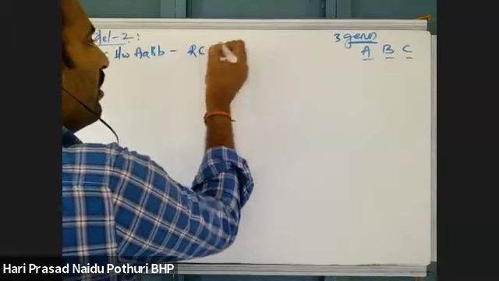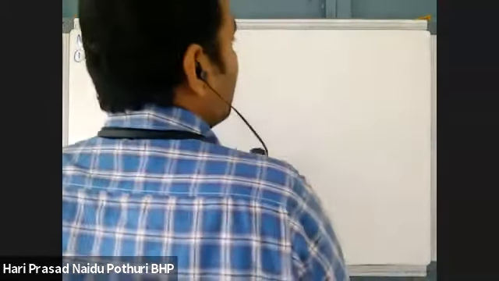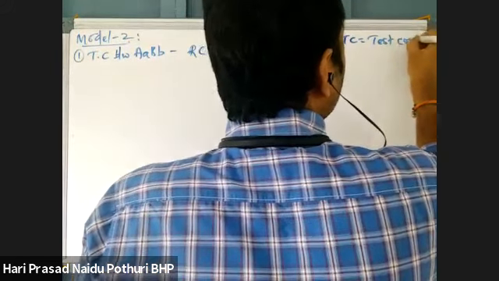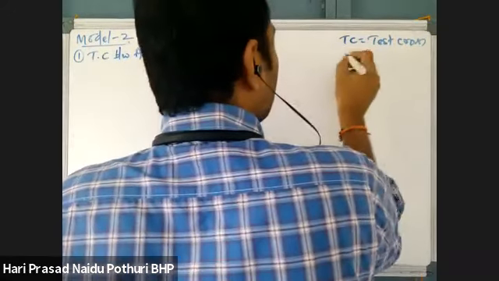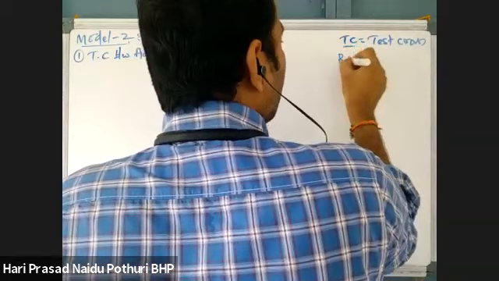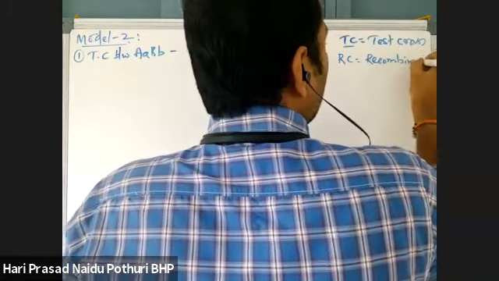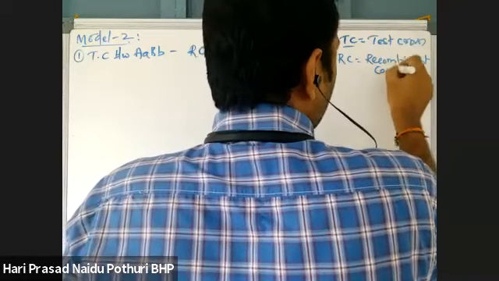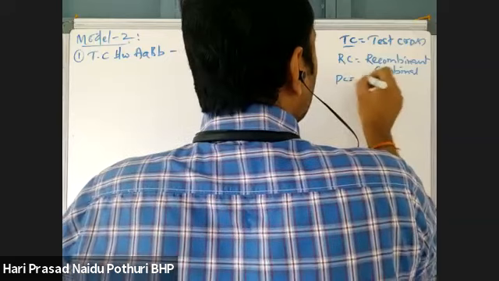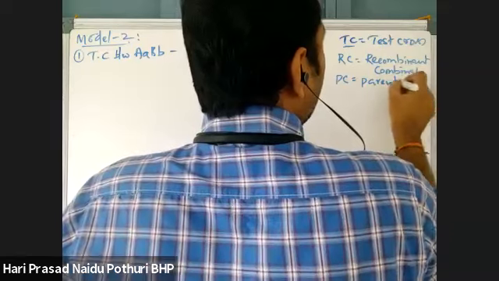first I will give the abbreviations I am using here. TC for test cross, which I used to manage the space on the board. RC, recombinant combinations or recombinants. PC, parental combinations.